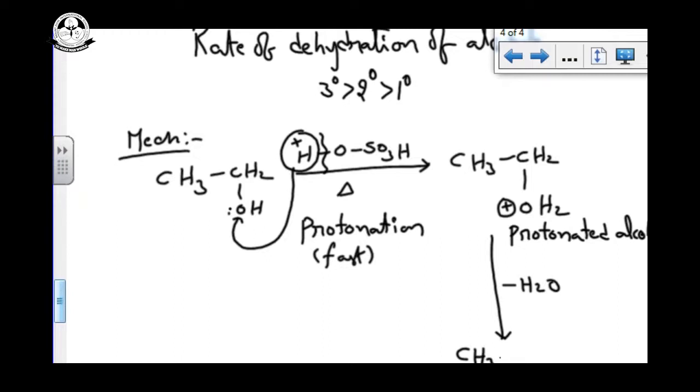Then we get CH3CH2 plus. This is a carbocation, the reaction intermediate.